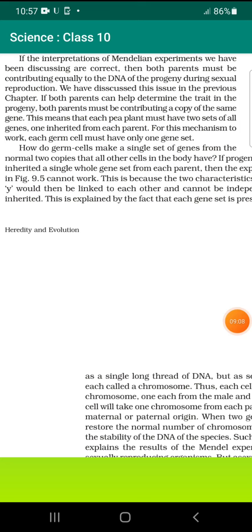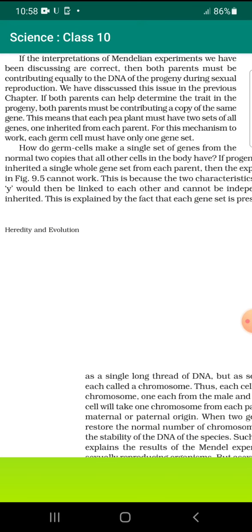If the interpretations of the Mendelian experiments we have been discussing are correct, then both parents must be contributing equally to the DNA of progeny during sexual reproduction. We have discussed this issue in the previous chapter.